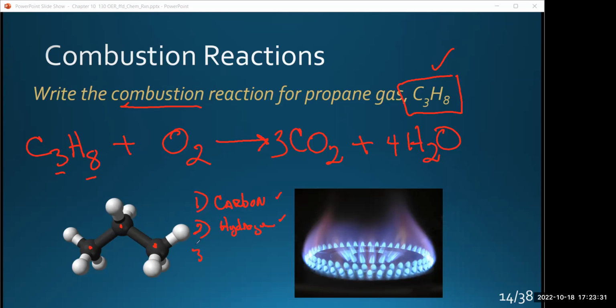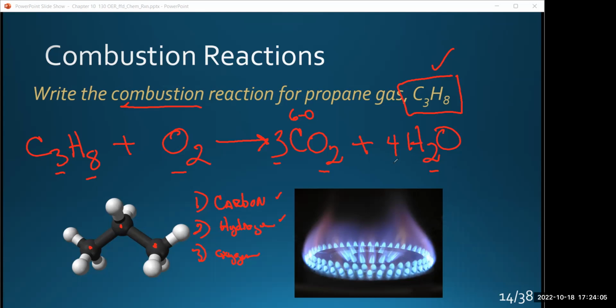Now, finally, at the end, balance the oxygens. Here's the thing sometimes the students forget: you're always going to start off with just 1 molecule of oxygen on the left-hand side. Your oxygen is going to be in the form of carbon dioxide and in the form of water, so you've got to count all of the oxygen. There are 6 oxygens in carbon dioxide because we have 3 molecules of CO2, 3 times 2 is 6.